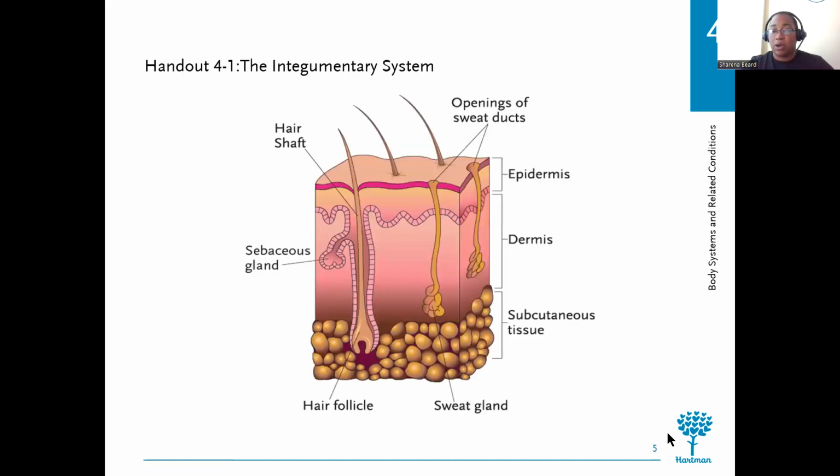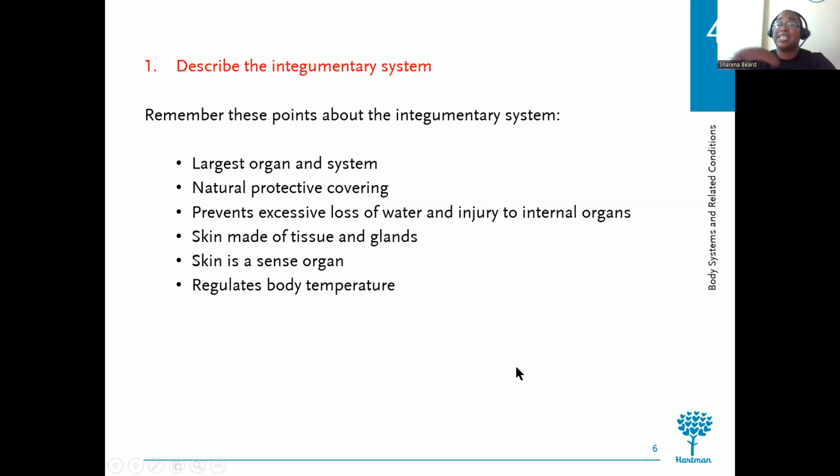All right. So let's look at the integumentary system. I don't remember who had that one, but this is all about skin. So some fun facts you probably already know. Skin is the largest organ system in your body. If you think about all of the organs in our body, the heart, the lungs, the liver, the pancreas, all of that, also think about the skin.